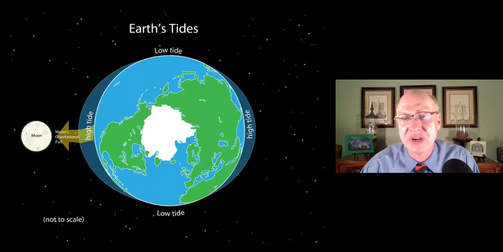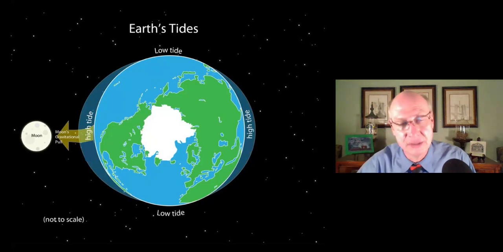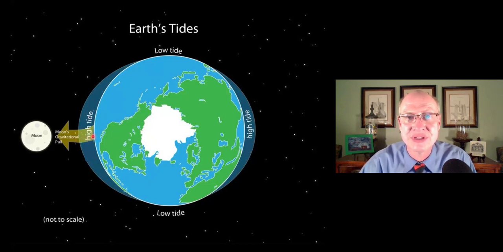Now, it turns out they're going to be a little bit less than 12 hours apart. I'm sorry, a little bit more than 12 hours apart. And the reason for that is the moon's not sitting still. And as the moon moves over here, if we experience a high tide now, as the moon orbits around the Earth, it's going to take a little bit more than one rotation of the Earth before we get this high tide over here 24 hours later.